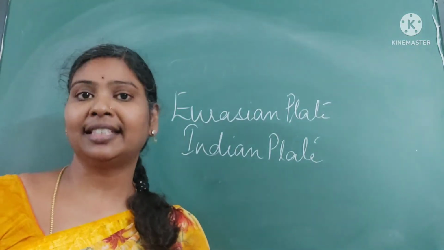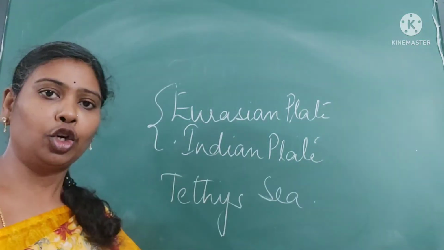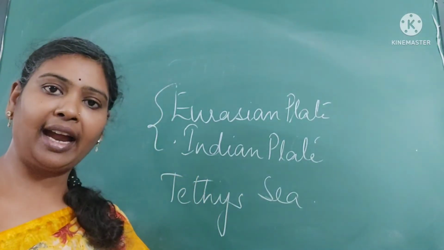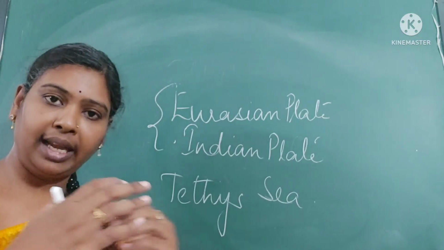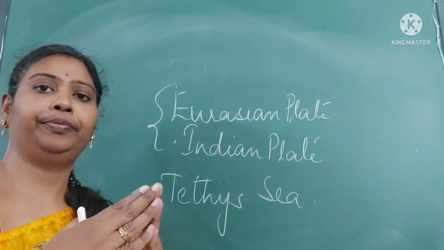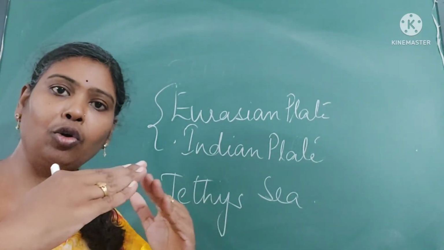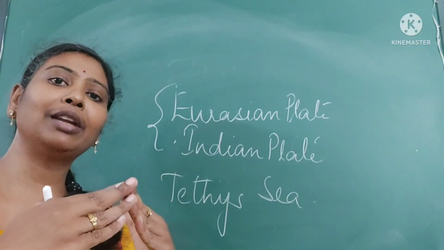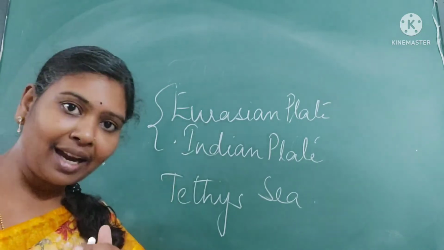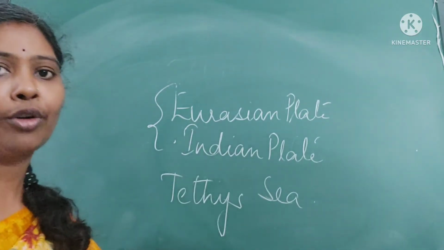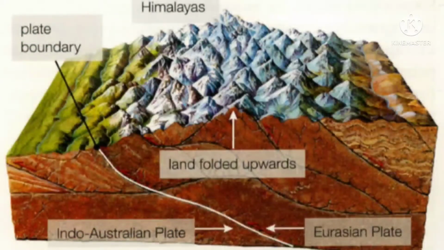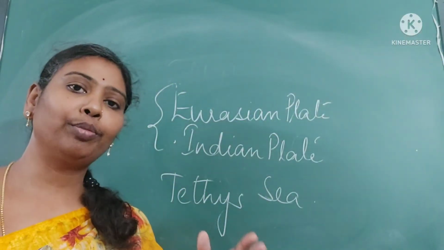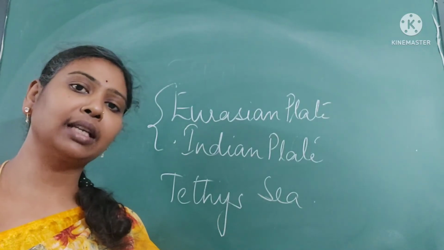At the Tethys Sea they had a collision, and we had a very big fold. It started slowly folding, and there were so many faults and so many folds. So that happened to be the rise of the Himalayas. This happened only a few million years ago.